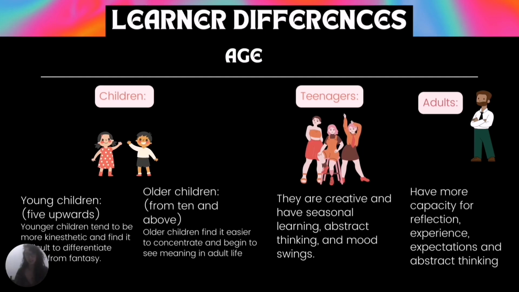A 5-year-old child is active and finds it attractive to play to learn something, while a 10-year-old child is starting to generate associations according to what he has experienced. The teenager is in search of identity and has a creative period that can be an advantage for teaching or for learning.